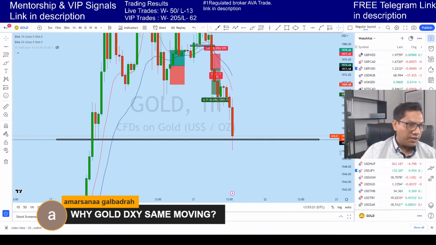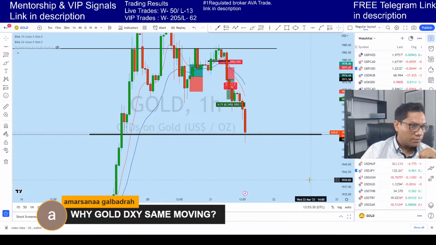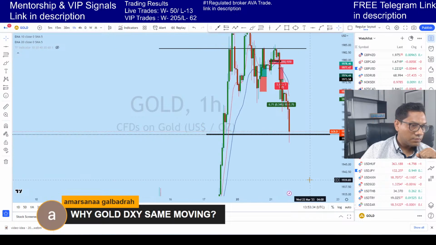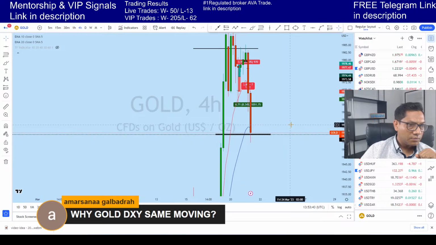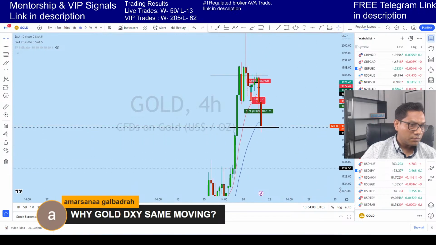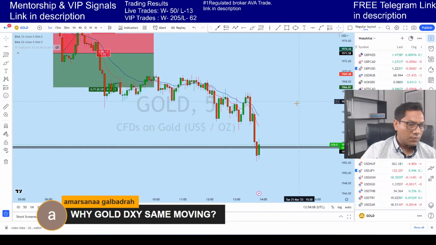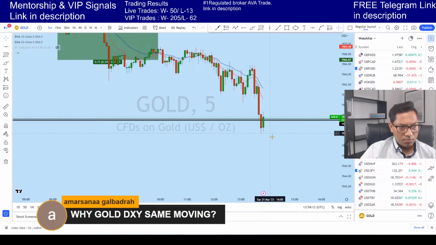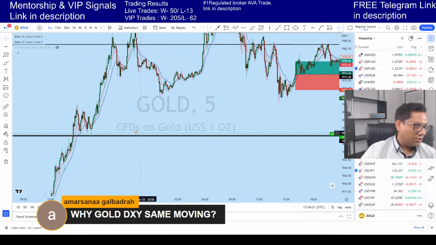From the 1 hour perspective, it's a very crucial support zone here. If we see a reversal here with a big bull candle, we will be going long. First let's see how the price is doing, because it is important to see how the price is reacting.